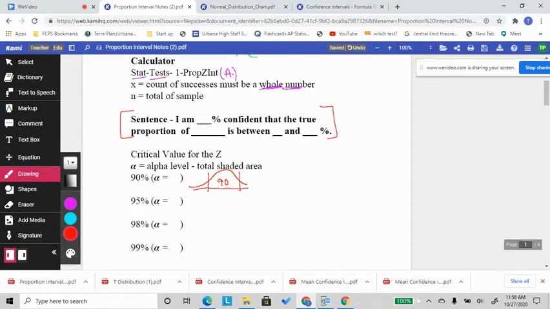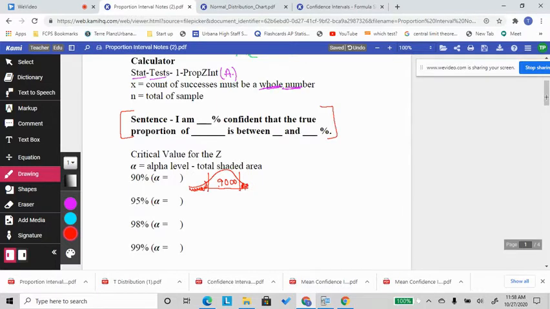So if this is the middle 90%, change this to 0.9, that means that's 9,000. Then what we call an alpha level would be your total shaded area out here, in the tails. This is called an alpha symbol. It's a Greek symbol called alpha.